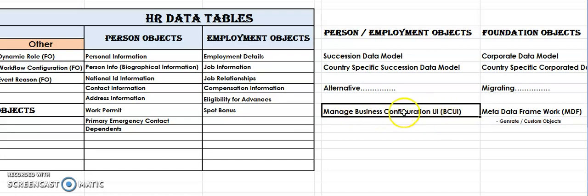With this application, we can do the configuration related to person objects and employment objects. The master data maintenance and testing results can be viewed in the application called Employee Files.